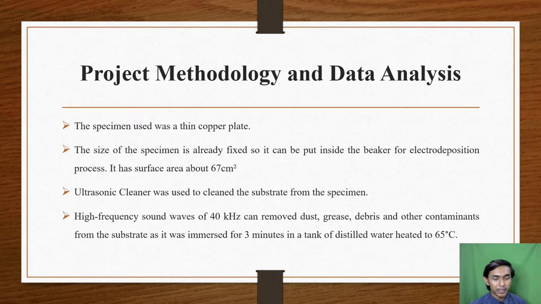High frequency sound waves of 40 kHz were used to remove dust, grease, debris and other contaminants from the substrate, as it was immersed for 3 minutes in a tank of distilled water heated to 65 degrees Celsius.